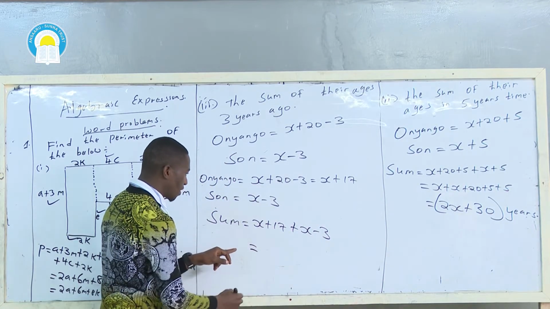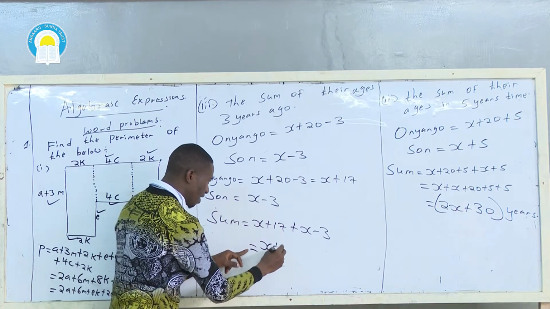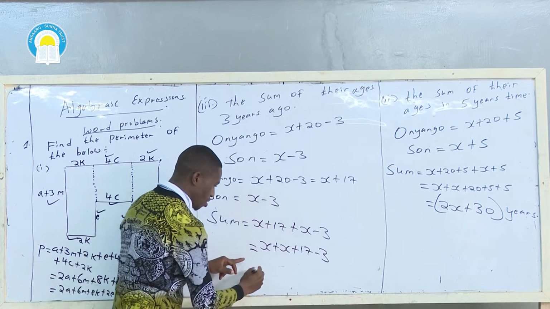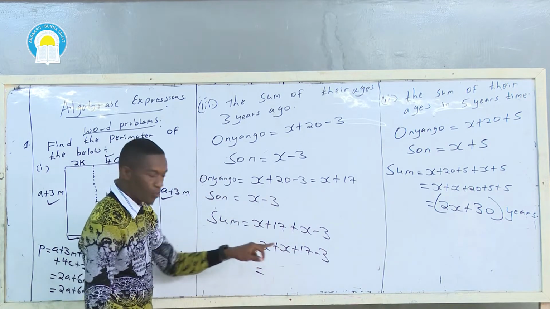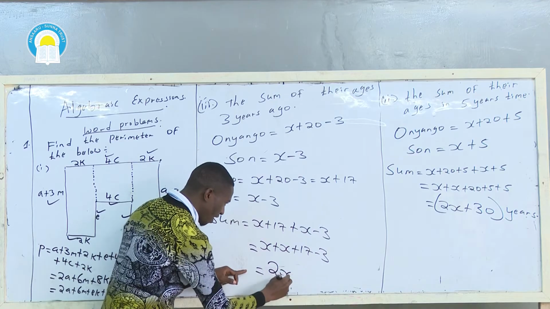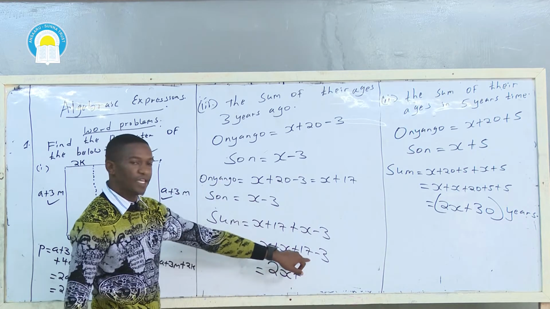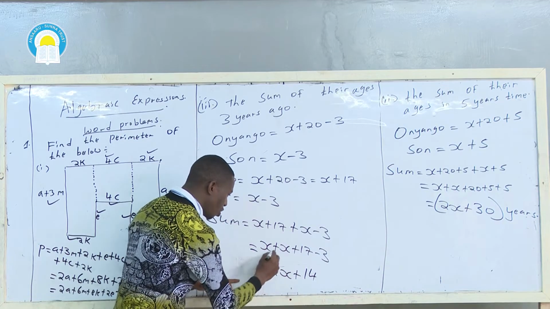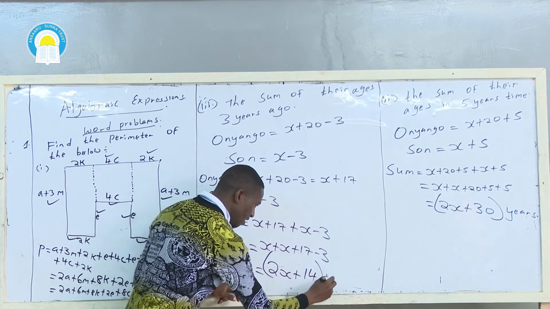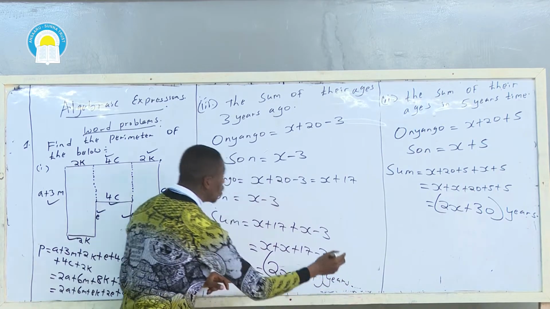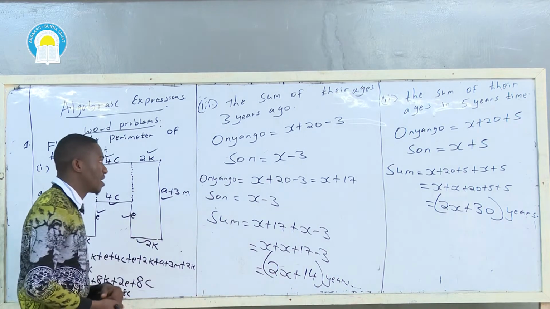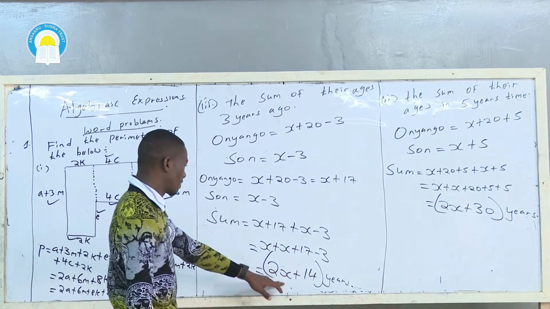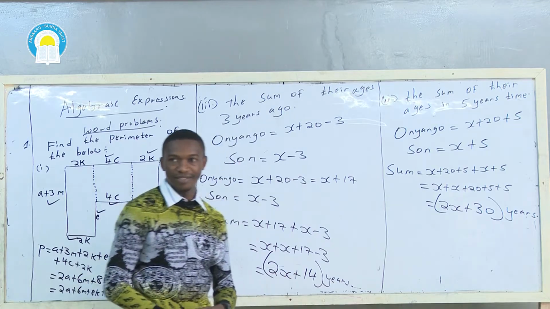You collect the like terms: X plus X is 2X, and 17 minus 3 is 14. Then you put bracket and write years. So the sum of their ages 3 years ago, Mr. Onyango and the Sun, was 2X plus 14 years.